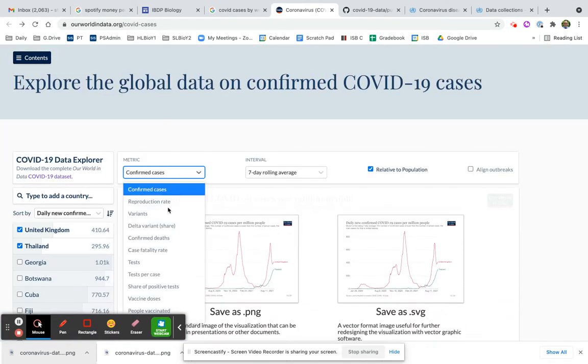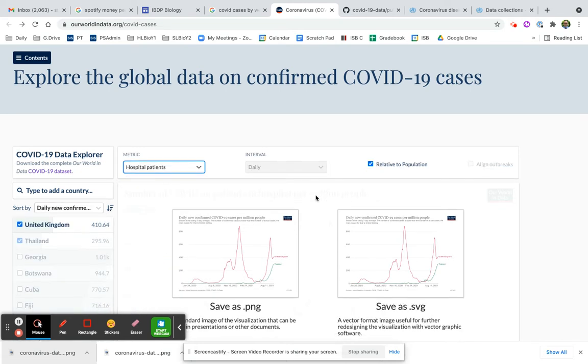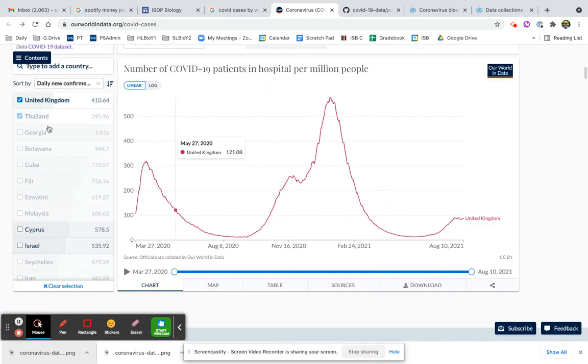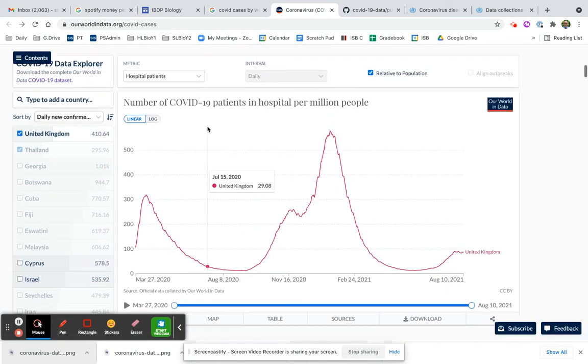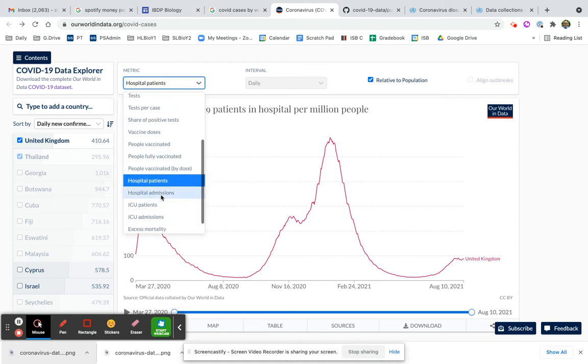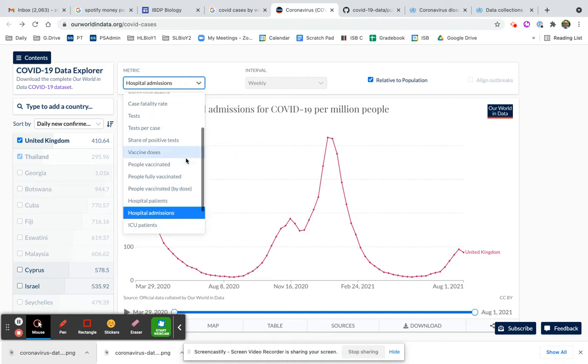Let's look at hospital patients, for example. Okay, so I'm going to go back to the chart, and I don't have it for Thailand, only for the United Kingdom. That's not going to help. I can look at hospital admissions, again, only for the United Kingdom.